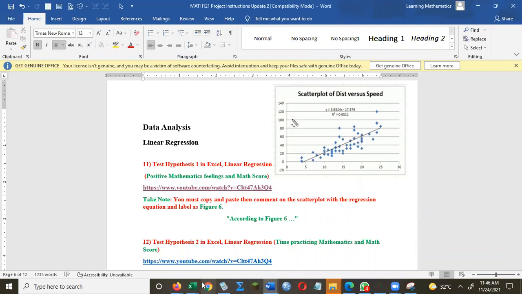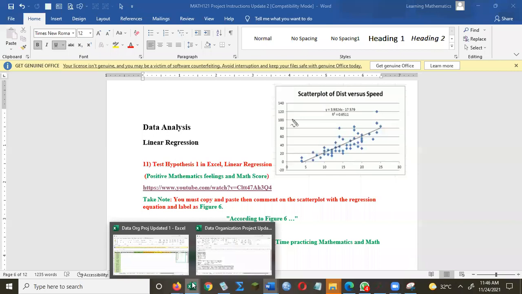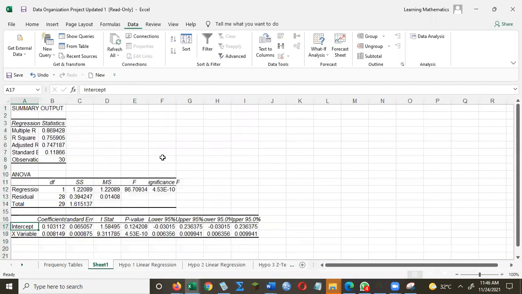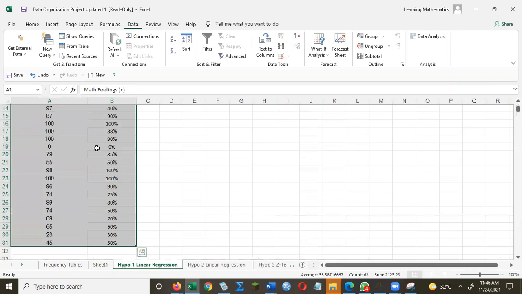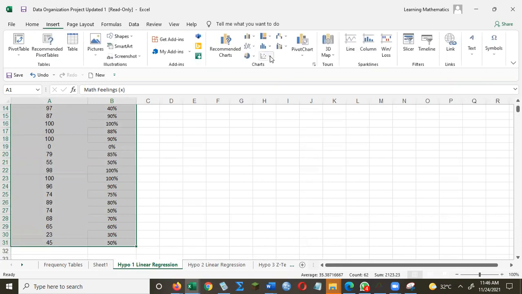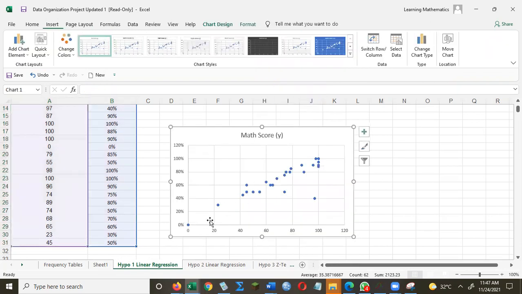That will be the real analysis itself of linear regression. So after you highlight, you go to insert, then charts, then scatter plot. And as you can see, as the positive feelings increase, the score increases.